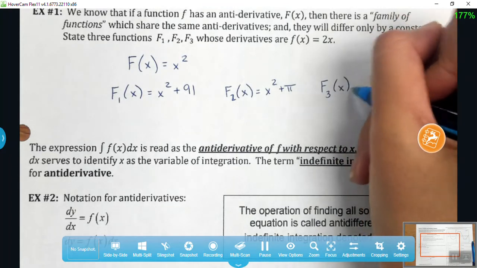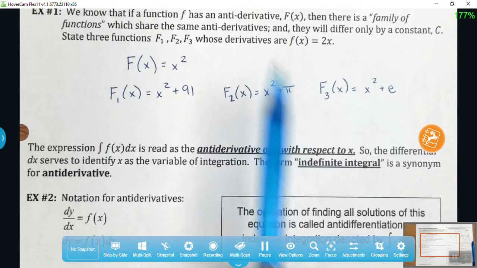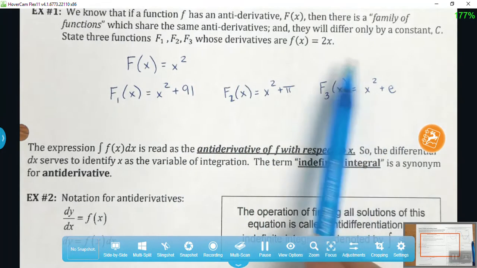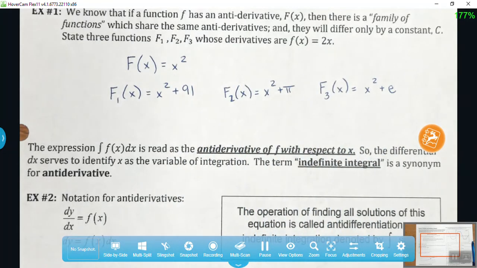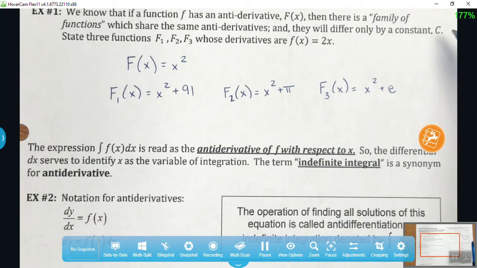Any one of these has a derivative that equals 2x. So if we want to identify the family of functions whose derivative equals 2x, then we add on a constant c. Sometimes we can find it if we're given enough information, sometimes we can't.